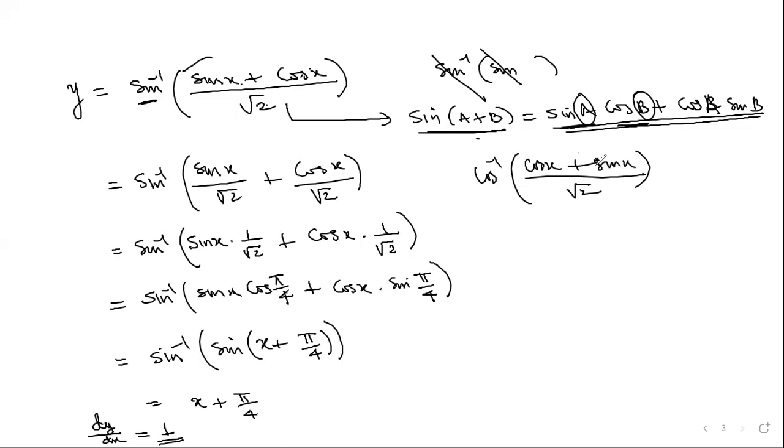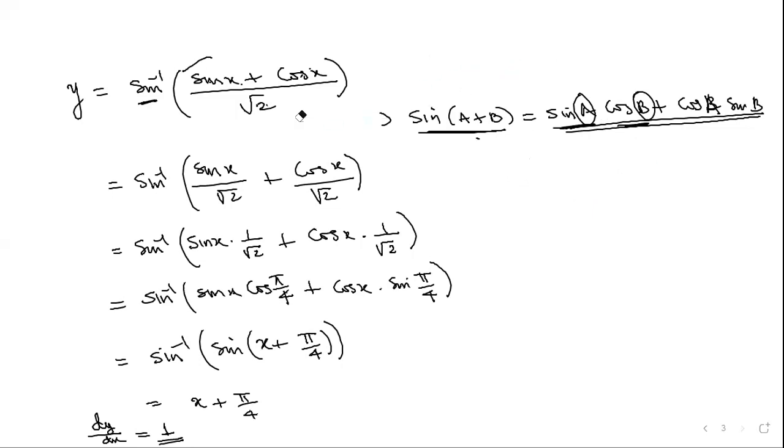Okay, can we write down this problem? Okay, write down. If y is equal to sine inverse of sine x plus cos x upon root 2, find dy by dx.